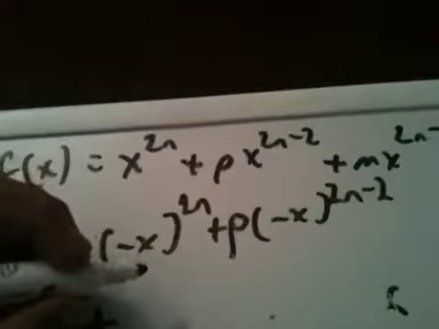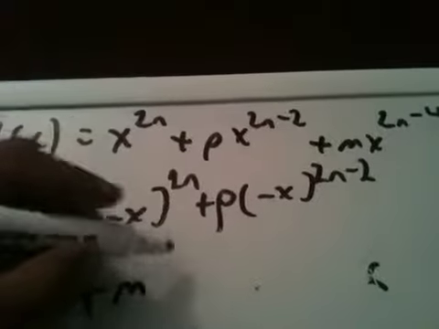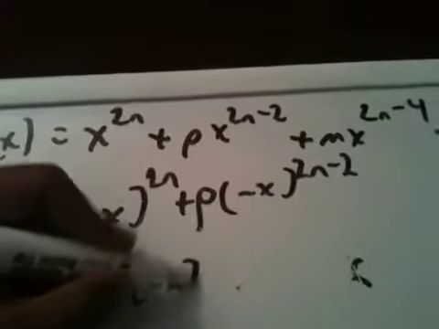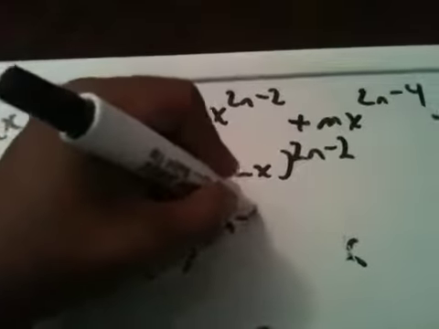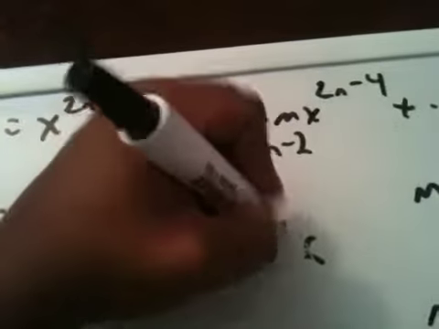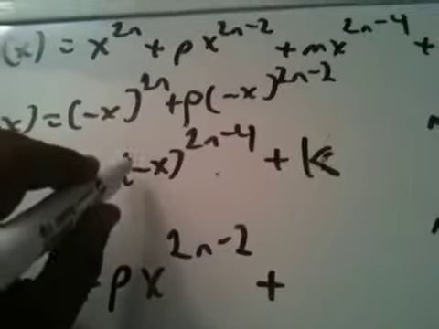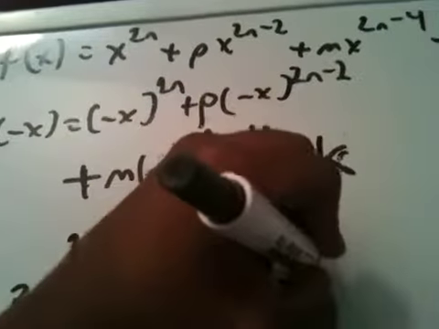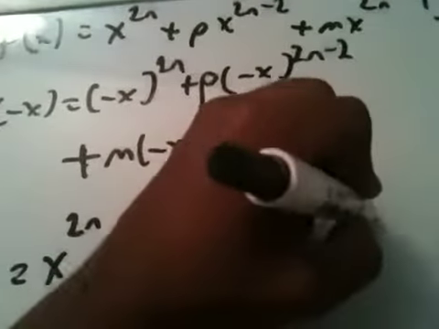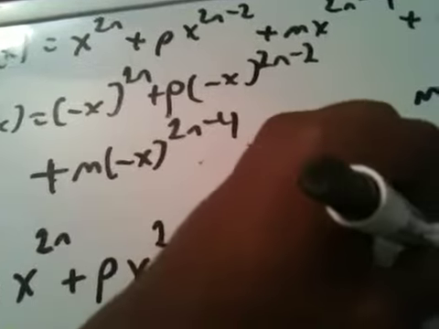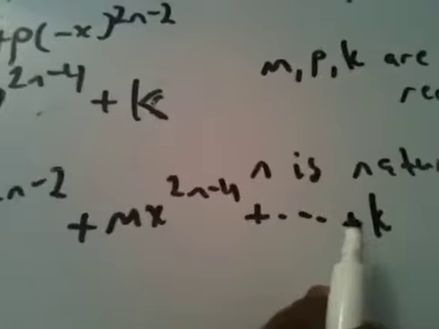I meant to put m times minus x to the 2n minus 4 plus k. And so that's just going to be a positive number still. M times x to the 2n minus 4 plus dot dot dot, extra terms, and then plus k. The k is unaffected because there is no x term there.